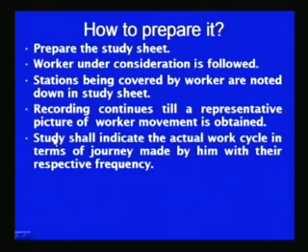This kind of study shall indicate the actual work cycle in terms of the journey being made by him with their respective frequencies. So, this study will continue until a representative picture of the movement of the targeted subject is obtained for a given department or during the course of production.